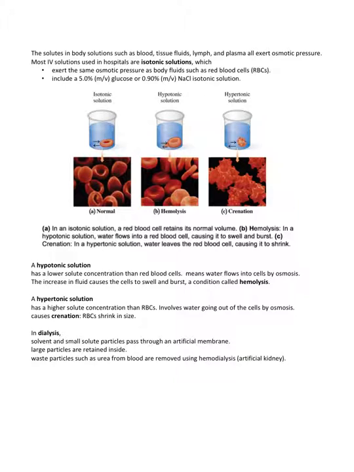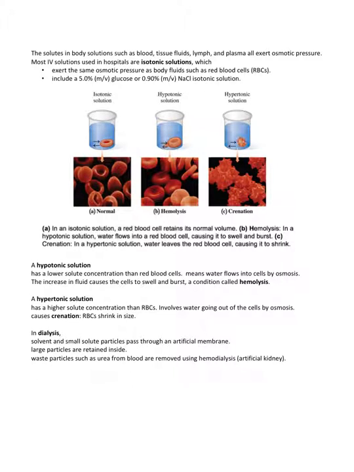These things all exert osmotic pressure. In fact, most IV solutions used in hospitals are isotonic solutions, which exert the same osmotic pressure as body fluids, such as red blood cells. This includes a 5% mass by volume glucose solution or a 0.9% mass by volume sodium chloride isotonic solution.